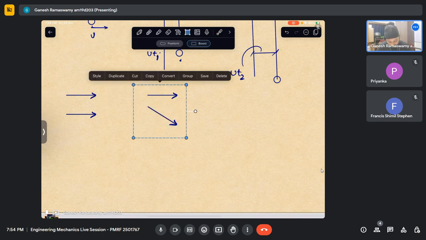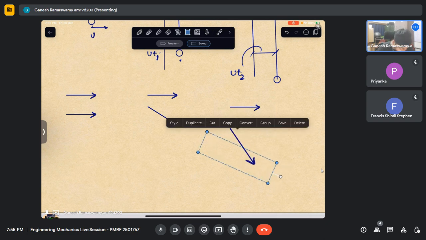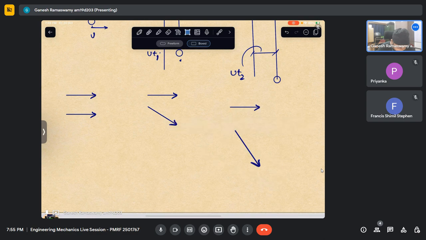In the third case, again this remains the same. Now this would go like that. It would have gone further down and become bigger, something like that. So in all the three cases, if I calculate the relative velocity, these are the velocity of the plane and the velocity of the ball.